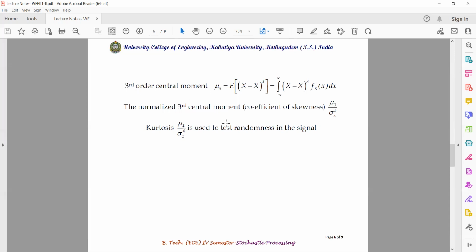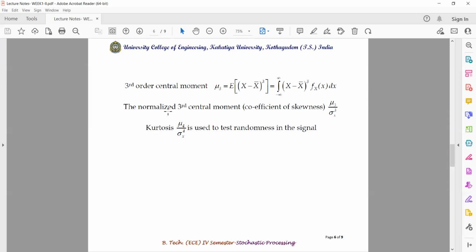It is denoted as mu3 is equal to expectation of (x minus x bar) whole power 3, which is equal to the integral from minus infinity to plus infinity of (x minus x bar) whole power 3 fx of x dx.